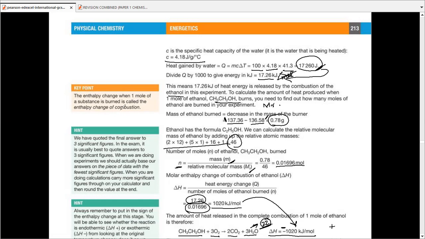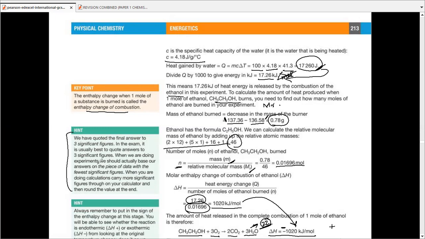Now, a key point. The enthalpy change when 1 mole of the substance is burned is known as enthalpy change of combustion. And we can find enthalpy changes of many different reactions. We can find enthalpy change of combustion. We can find enthalpy change of neutralization as well. Now, make sure that you follow the 3 significant figures rule.